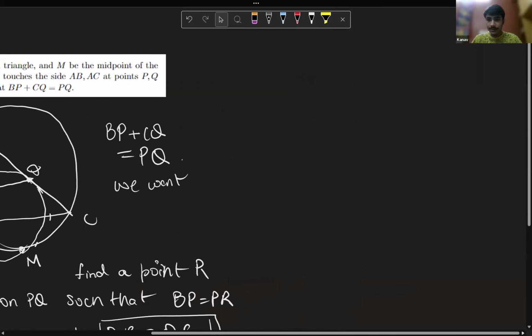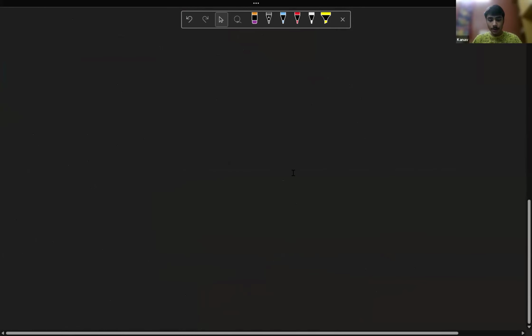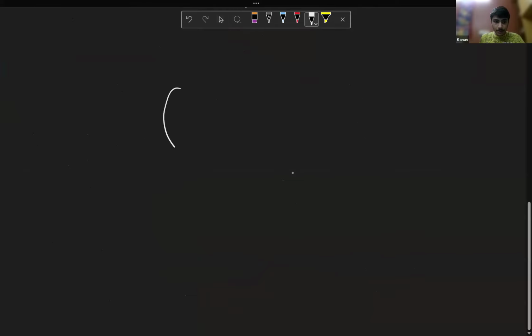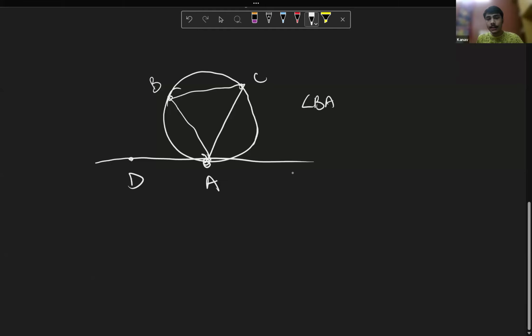So I'll move slightly here. I'll go down. So there's a fact, and if you don't know this fact, it's another very useful fact. If you have a circle and a line tangent to it at point, say A, and if you have points B and C here and D here, then we have that angle BAD is equal to angle BCA.